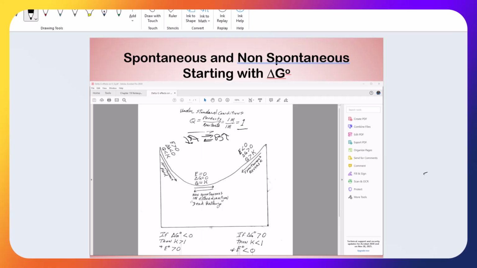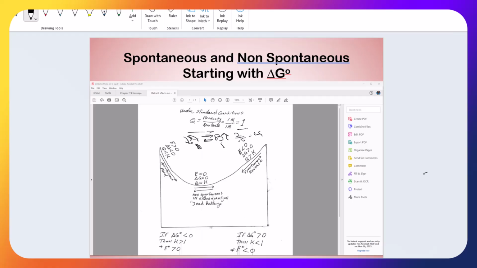And remember, if we're under standard conditions, Q is equal to 1. Both reactant A and product B are 1. But product B is getting bigger. Let's say product B goes up to 2, and A goes down to 0.5. Now you have 2 divided by 1/2, and so you get a number that's greater than 1. You started at 1, but now you have a number that's greater than 1.